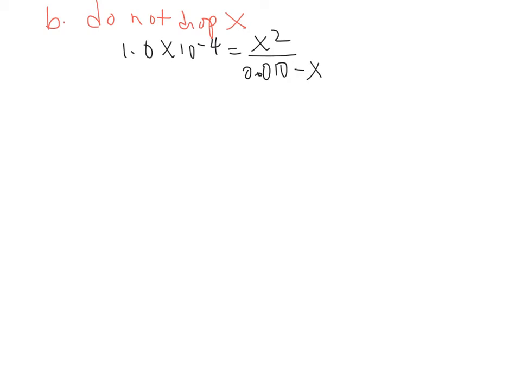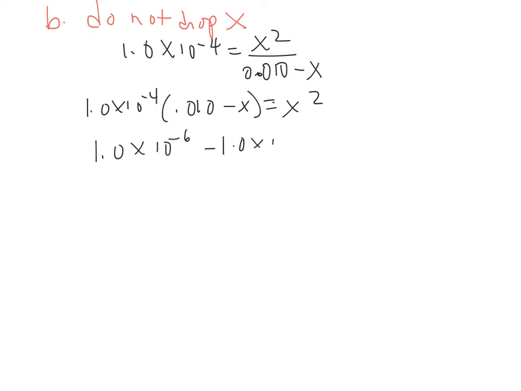And so this ends up being a quadratic equation, a lot more work. 1.0 times 10 to the minus 4 times 0.010 minus x is equal to x squared. And then this would be 1.0 times 10 to the minus 6 minus 1.0 times 10 to the minus 4x. And that'll be equal to x squared.